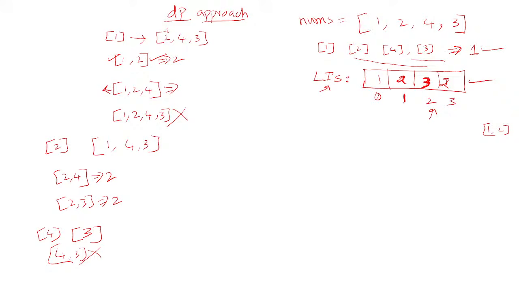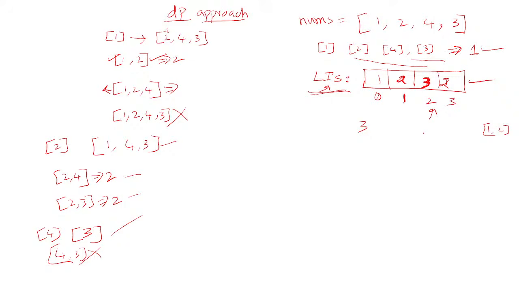Once you have calculated for all the elements, finding the subsequences and storing their lengths in this array called LIS, you return the maximum from this array. What is the maximum? 3 is the maximum.